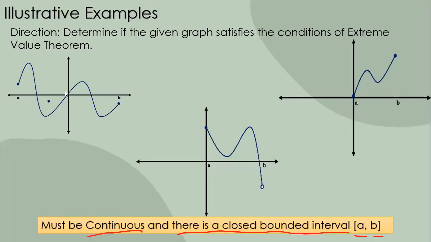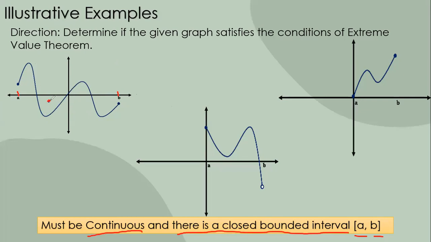Okay, punta tayo sa unang graph. Kung mapapansin natin, meron tayong closed bounded interval. So, ang graph natin nagsimula sa A, tapos nagtapos sa B. Okay. So, test natin, is this continuous? Okay. So, this graph is not continuous since meron tayong point dito, so hindi siya nadaanan na ating graph.